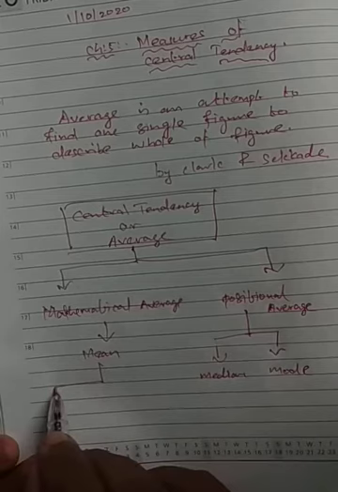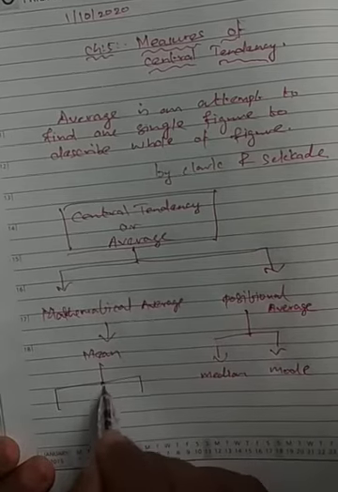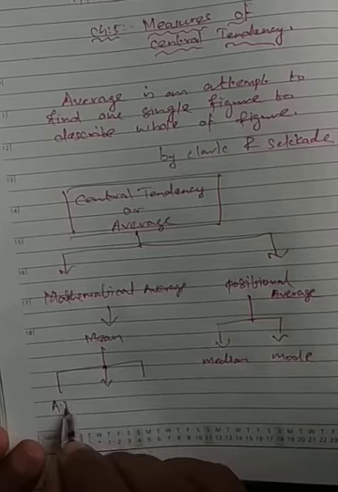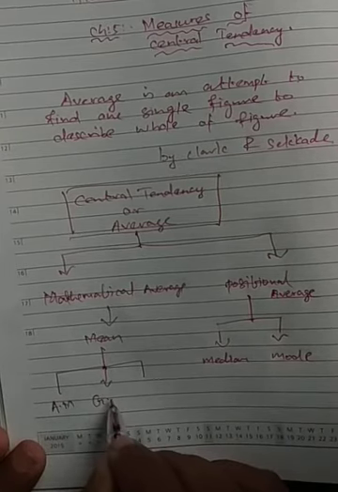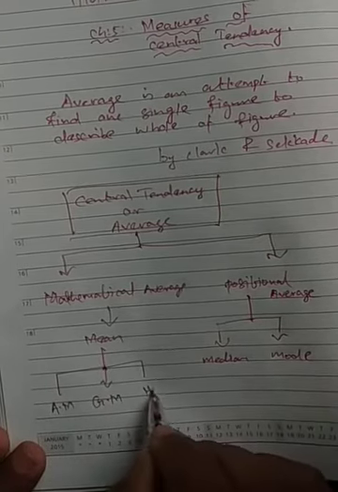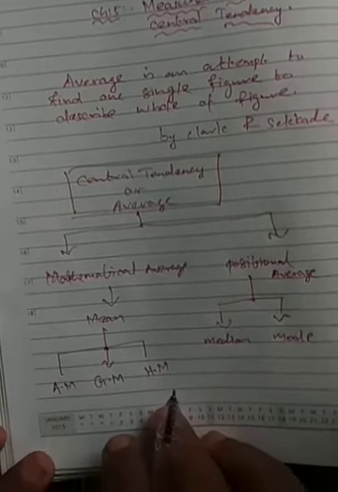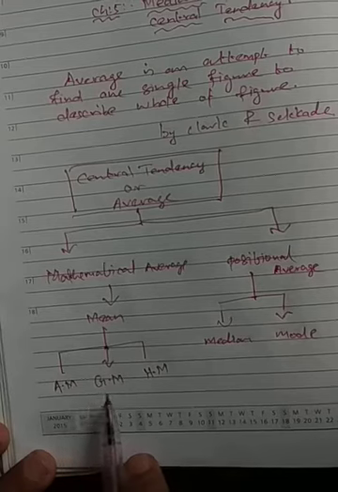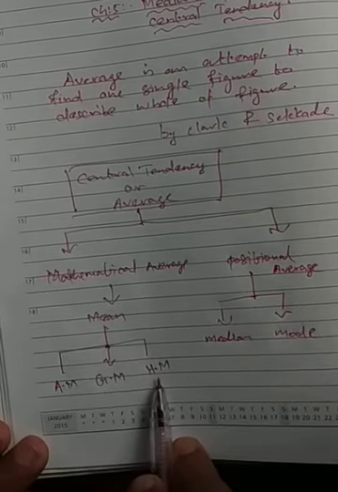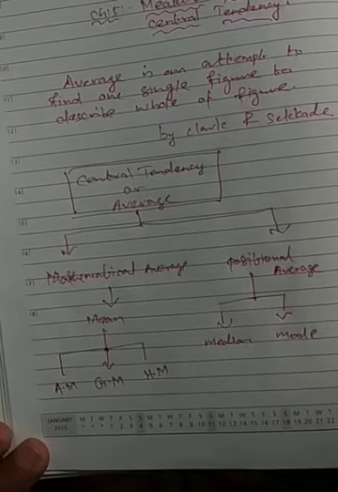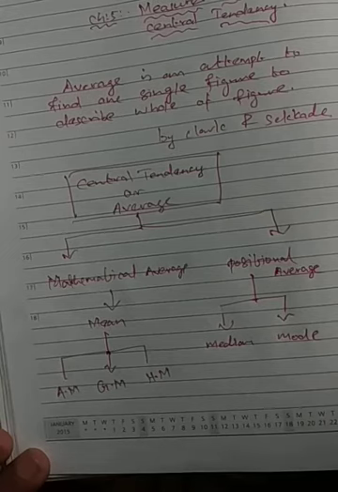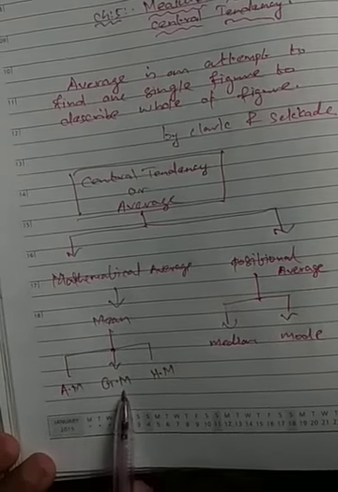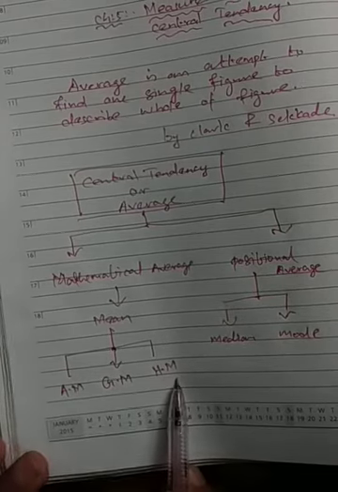Further, mean we are going to classify in three ways: AM, GM and then HM. Not your headmaster, it's HM. AM means arithmetic mean. Next we have geometric mean. HM is harmonic mean. So A means arithmetic mean, G means geometric mean, H means harmonic mean.